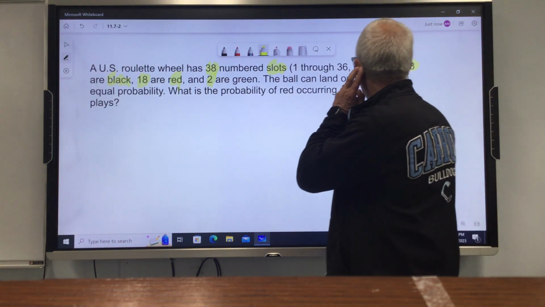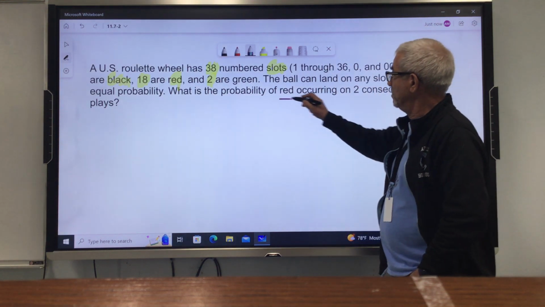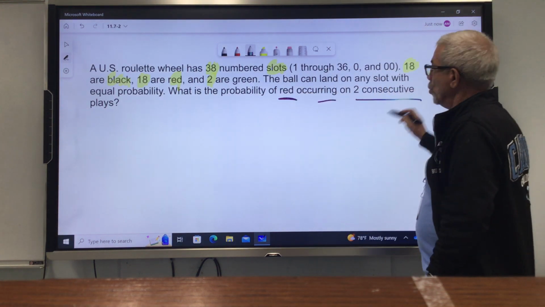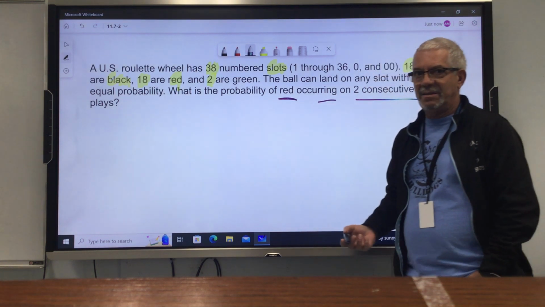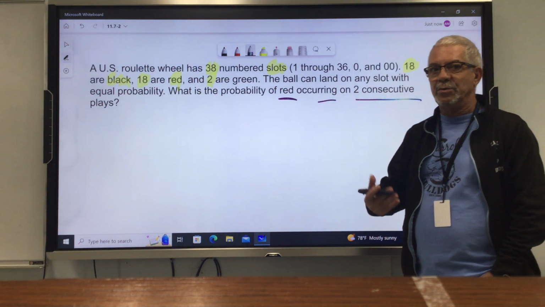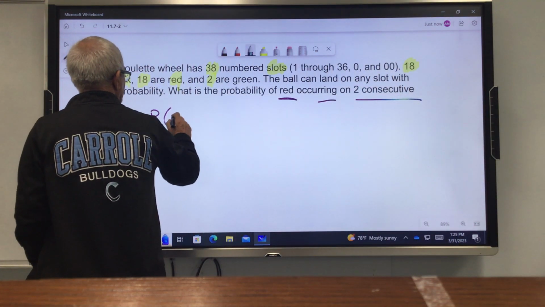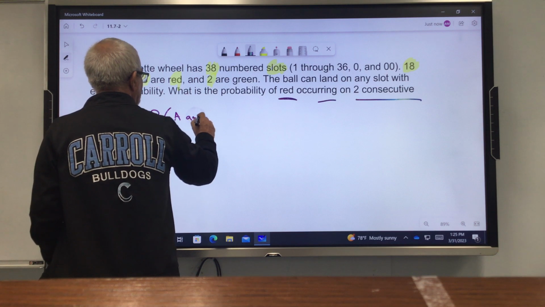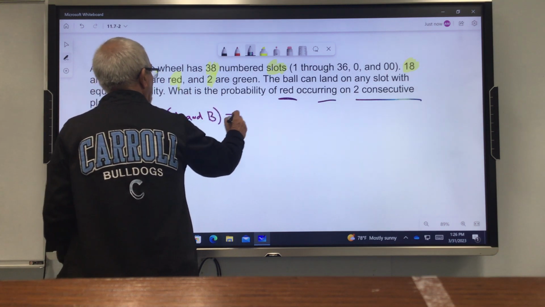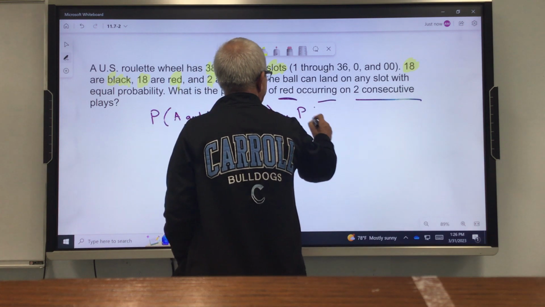Now look at the question. What is the probability of red occurring in 2 consecutive plays? That is "and". We need to use the formula P(A and B) is equal to P(A) multiplied by P(B).